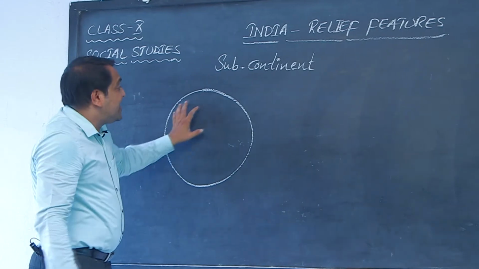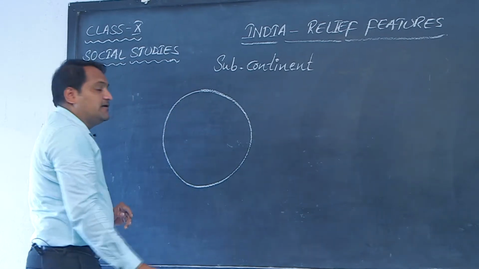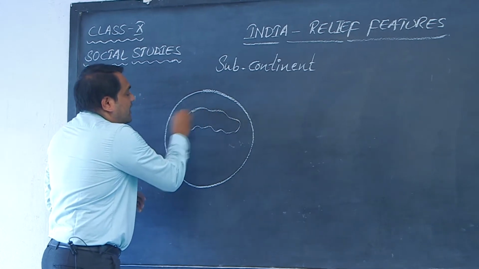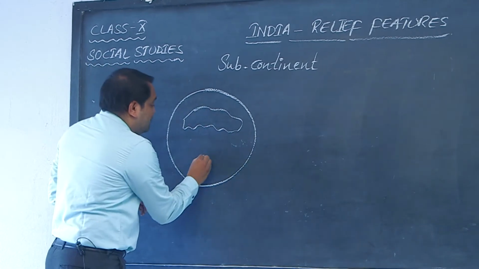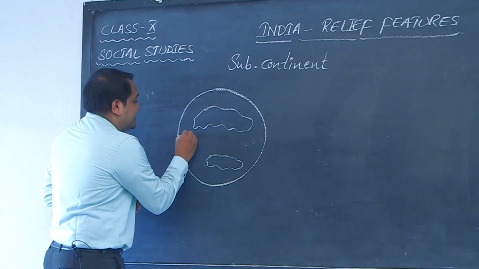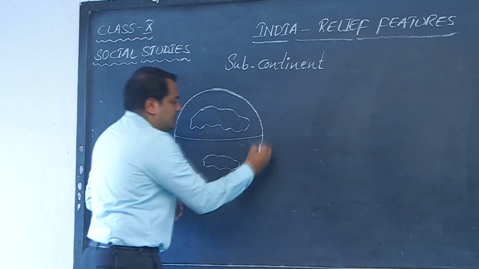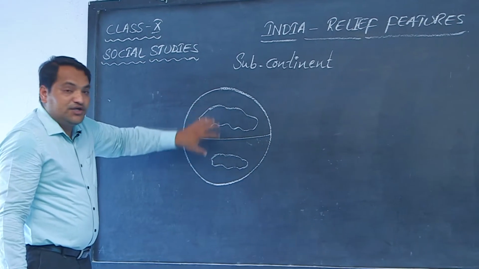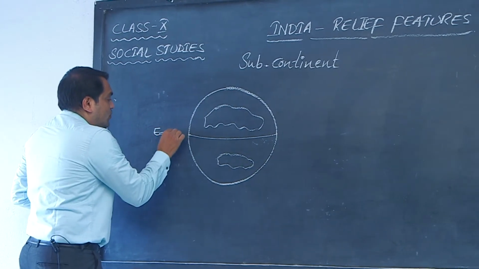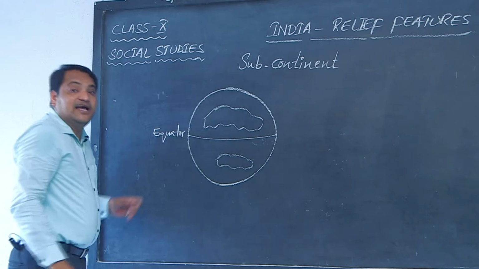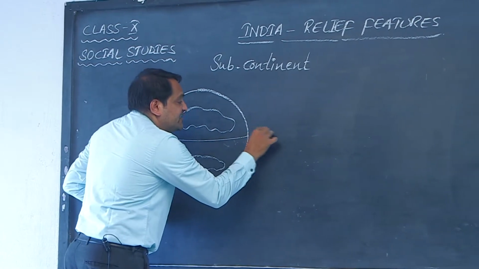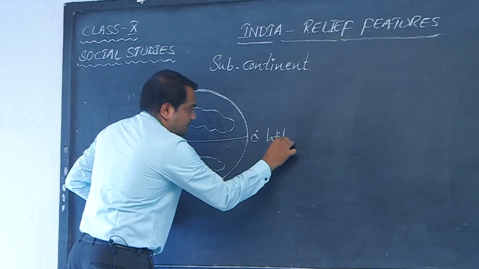When the entire planet Earth had 2 pieces of land, we had Angara land and we had Gondwana. You know, there is an imaginary line that divides the world into 2 halves, that is called equator. Equator is also called 0 degrees latitude.